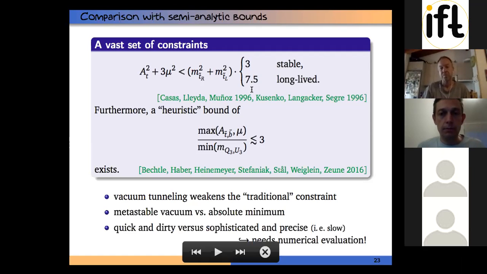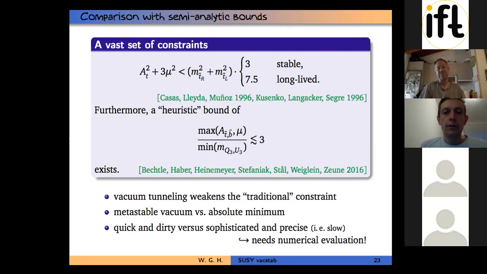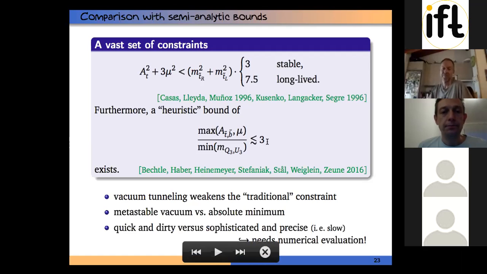So this was basically related to this metastability estimate. Furthermore, what has been used in the literature is this so-called heuristic bound, where you just take minima and maxima of the employed parameters, build the ratio, and then you estimate it. I mean, make a rule of thumb estimate if this is larger or smaller than 3, and you get an easy to implement constraint.